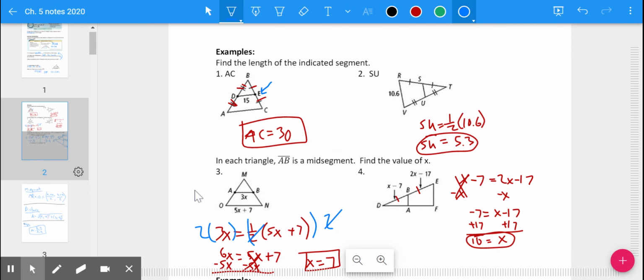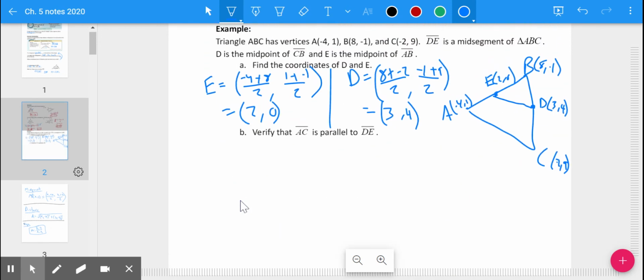We need to find the slopes of each of them. So the slope of ED, and the slope of AC. If they are the same slopes, then they truly are parallel. So y2 minus y1, so 4 minus 0 over 3 minus 2, that reduces to 4 over 1, or 4.